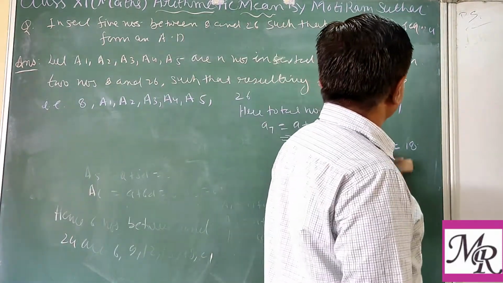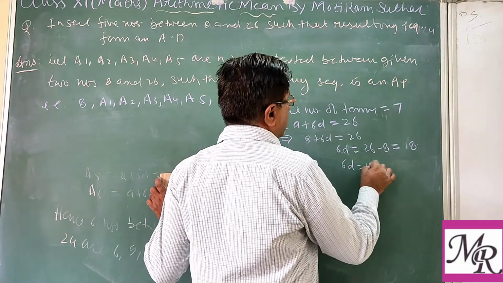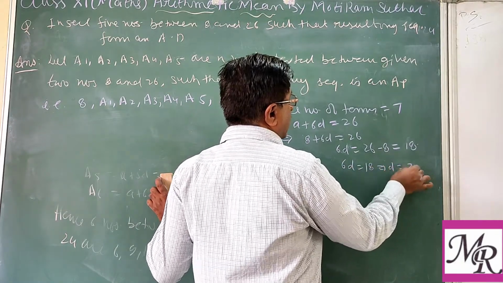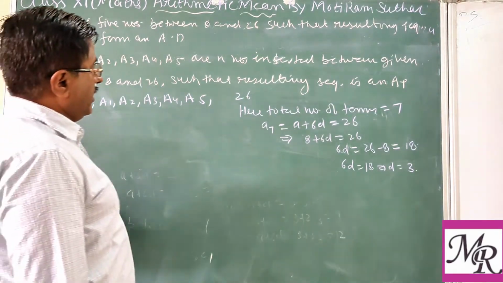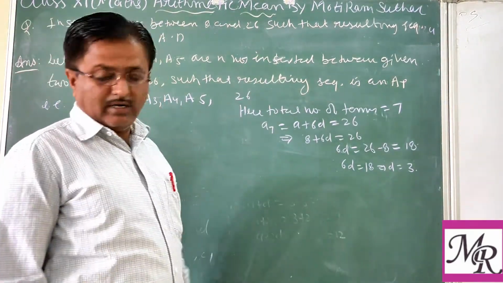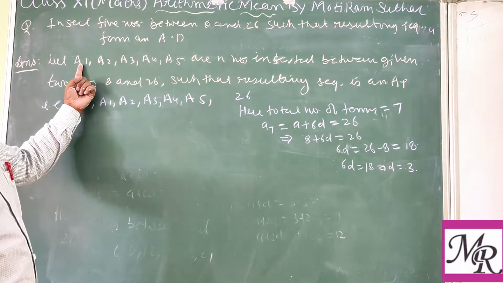So 26 minus 8, that is 18. So from this you get D. So D is again 3. So we get the value of the common difference and the first term. So now we find A1.